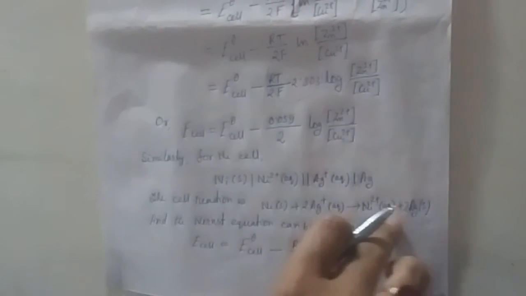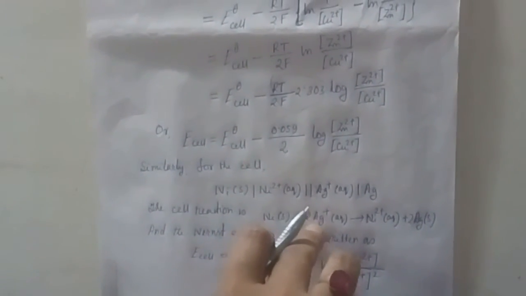We have already seen this in the equilibrium chapter, that if any stoichiometric coefficient is there, then that will be raised as a power of the concentration of that species. So here the 2 is before the silver ion, so that will be raised as a power. So this is the Nernst equation for this cell.